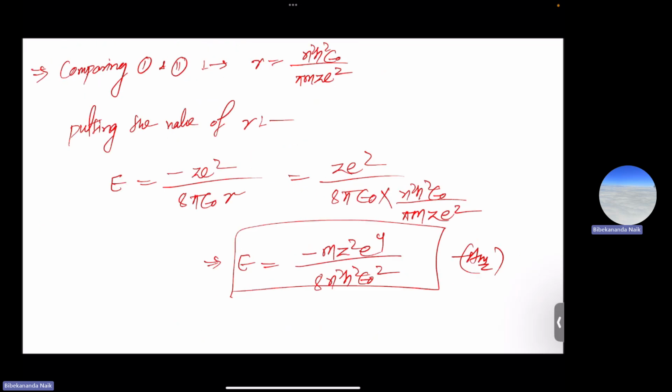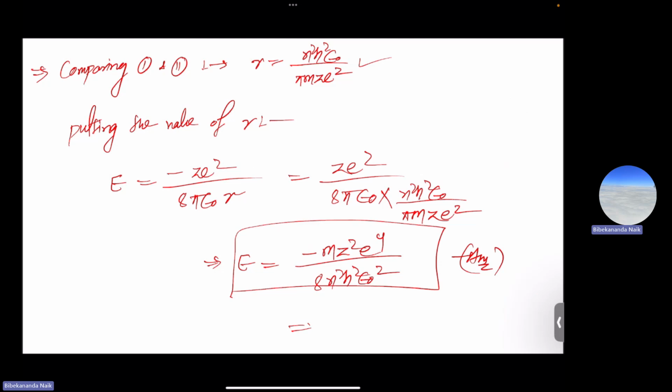So we compare the force balance equation and the quantization of angular momentum equation. From this relation, we get r equals n square h square epsilon 0 by pi m z square. Then if you put the value of r, the total energy of the electron is given by minus m z square e fourth divided by 8 n square h square epsilon 0 square. I hope this is clear to everyone.